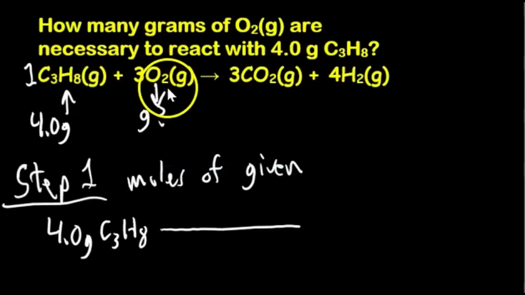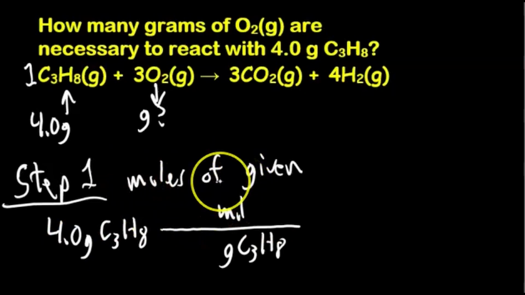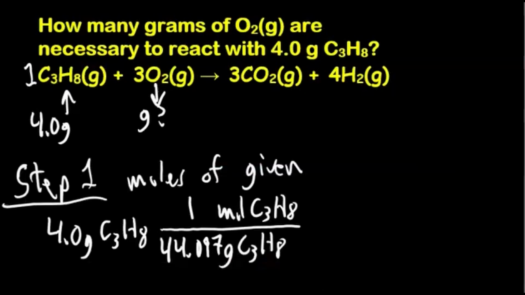So 44.097. We want grams down here, grams of C3H8, and we want moles up here, because that's step 1, moles of our given, C3H8. And every 1 mole weighs 44.097 grams.